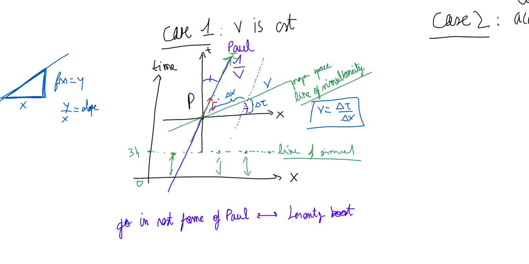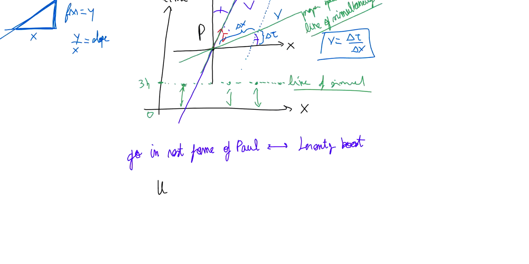It's going in the rest frame of Paul, where the components of the velocity of Paul, u, are 1, 0, 0, 0. Paul is not moving in space, that is, in the x, y, z components.